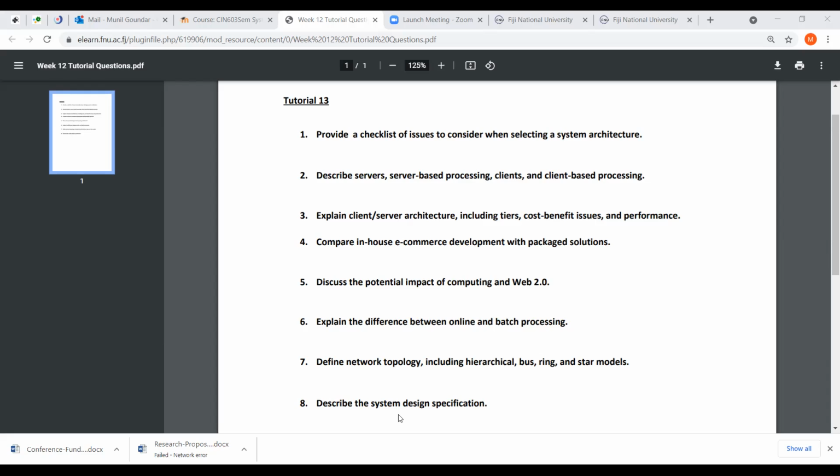Now, client-based processing. List down client-based processing followed by a hyphen.